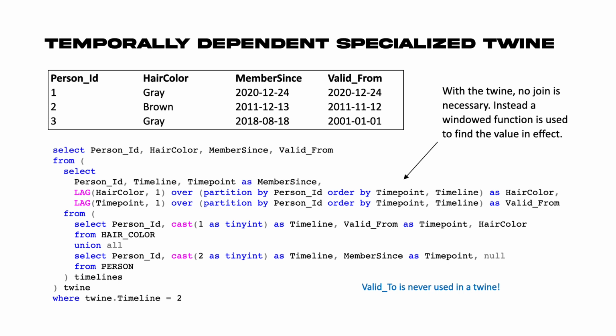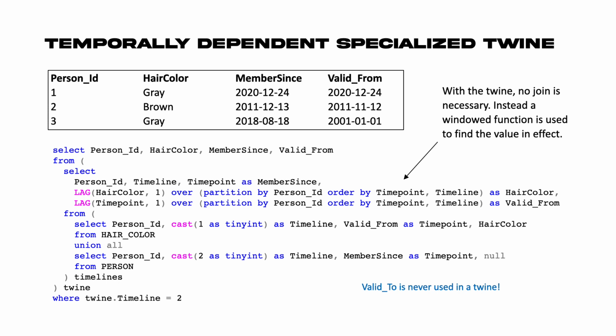But I first have to do this lag operation on the combined timeline of both. So by doing this, I will get the table that you see at the top, indicating the hair colors and since, the member since date and when those hair colors became valid. So this is the idea behind this specialized twine.